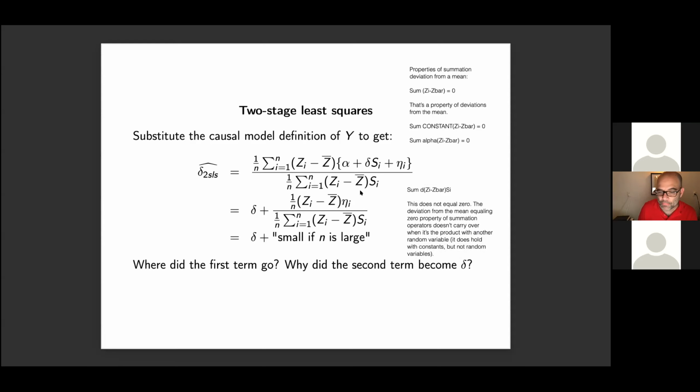So what I get instead is delta times the sum of Z_i minus Z bar times S_i, divided by the sum of Z_i minus Z bar times S_i. Remember this? There it is. You see this term and this term are the same. So this equals delta, because numerator and denominator cancel out. There it is right there.